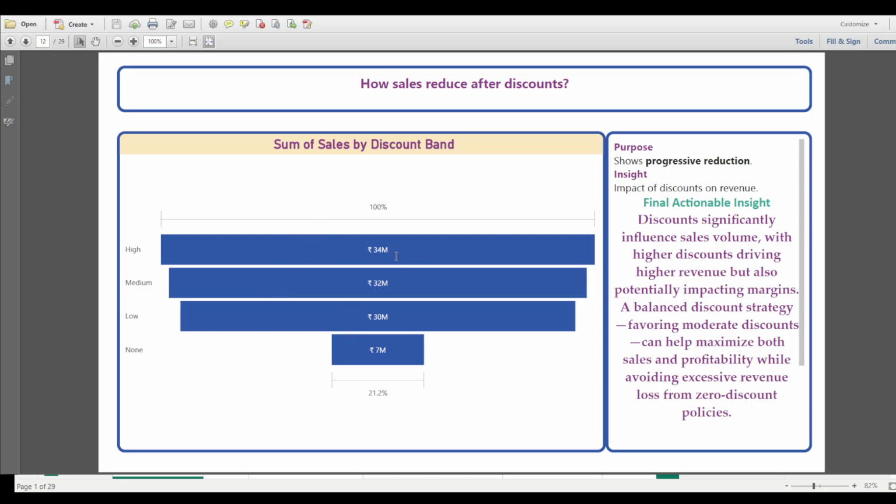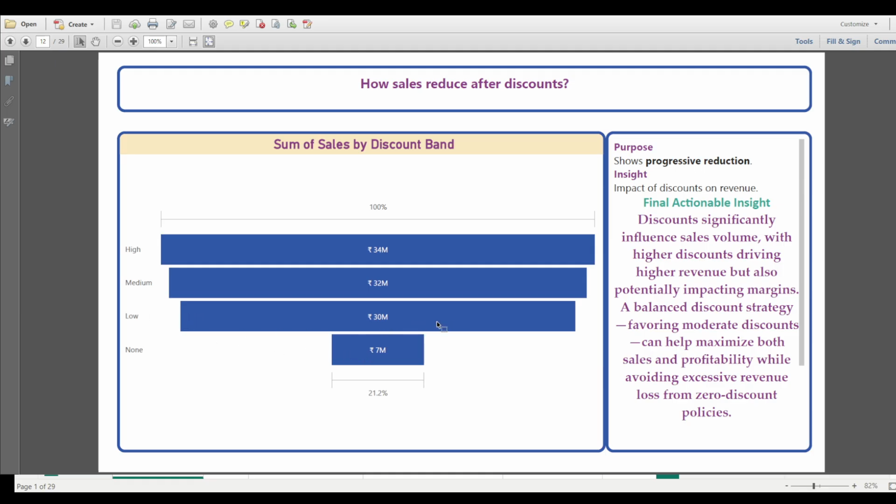This is actually a funnel chart, wherein you are showing how the discounts are being reduced, or what all discount bands are there which are actually used, and along with that you are showing the sales also. So sum of sales: when the discount is none, how much sales are being made.